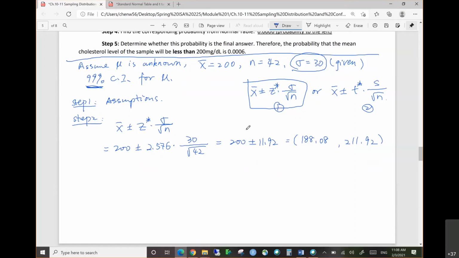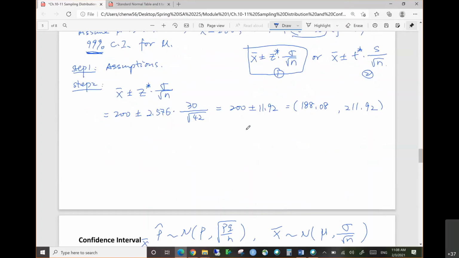The next step will always be the interpretation.